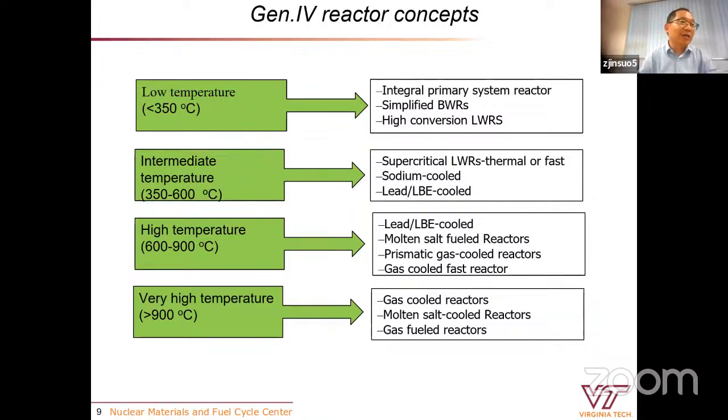It's a regular coolant. Traditionally, the molten salt reactor is a molten salt fuel reactor, which means the molten salt is both the coolant and the fuel. But the companies developing this molten salt cooled reactor also call it a molten salt reactor. So the molten salt serves as a regular coolant, like liquid lead and sodium in the fast reactor.